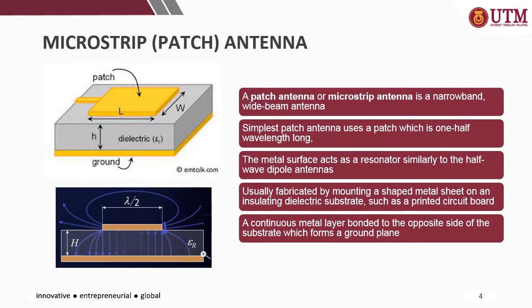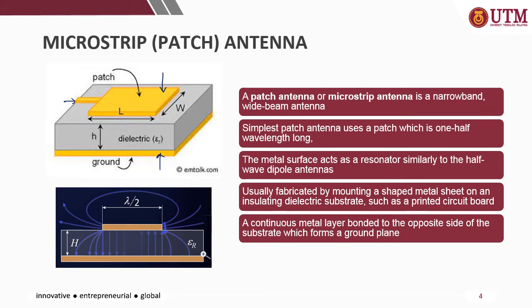Okay, this is the basic configuration of microstrip antennas. It's made of patches, for example, rectangular patches, and it's backed by a ground plane. Both the patch and the ground plane are usually made of high conductivity metal, typically copper, with a very thin thickness, and it's fed by a microstrip transmission line.